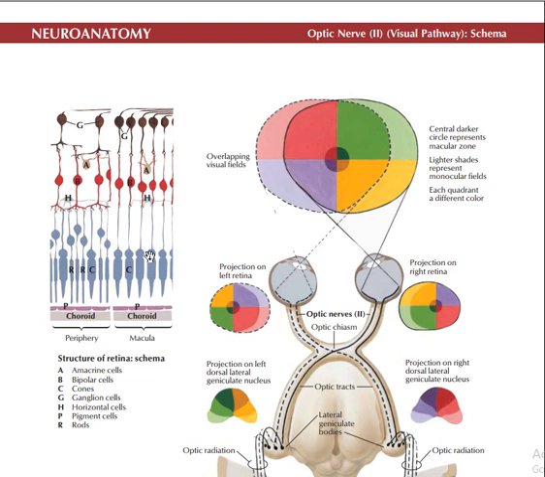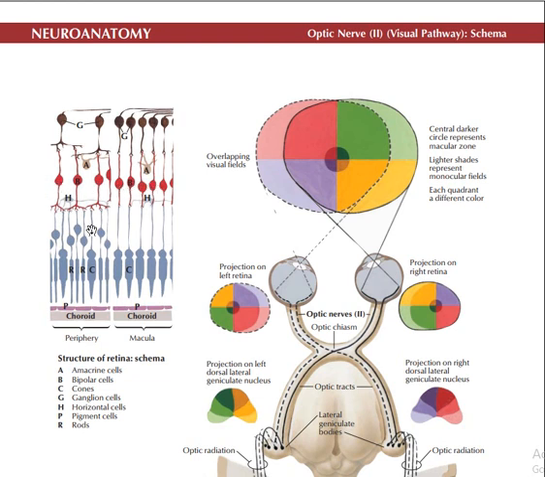As all these cells are activated, they are going to send signals to these other cells here. We have these H cells here, the horizontal cells. They are going to send to the B cells, the bipolar cells here.